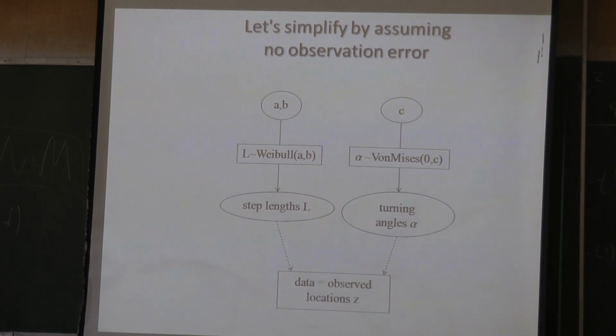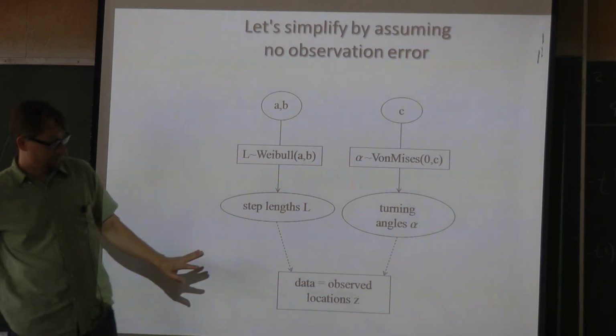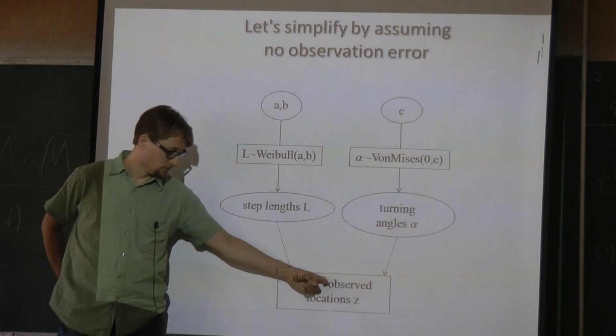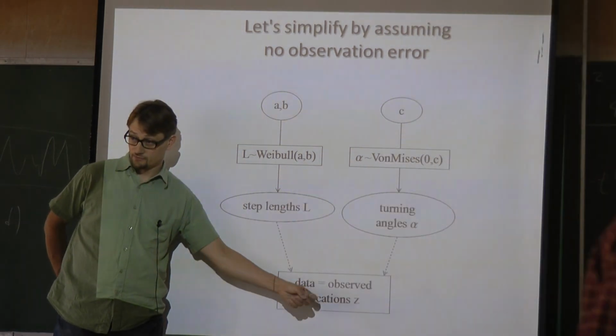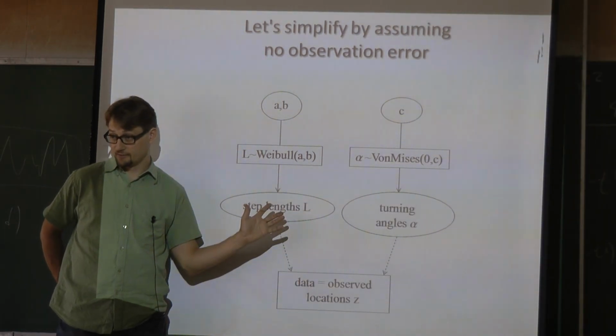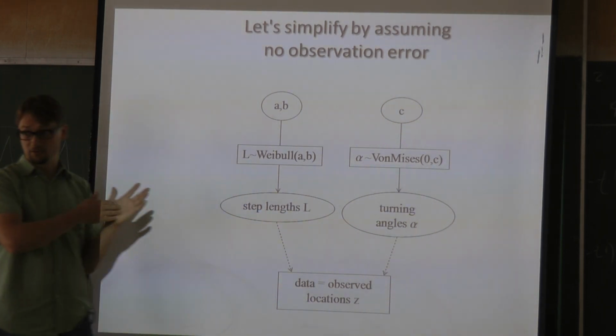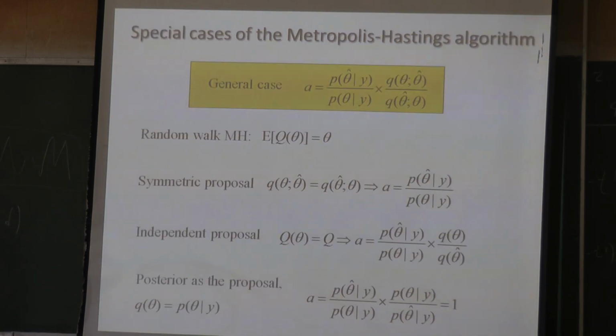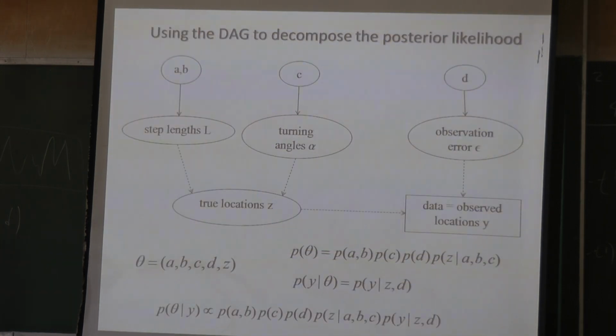So in that case, you simply don't have this observation part of the model. Your data are the observed true locations Z. So it simplifies, but you can still draw it in the same way. Just the right-hand side drops off. Okay. The equation, how the prior is defined, then will not be within this prior anymore.